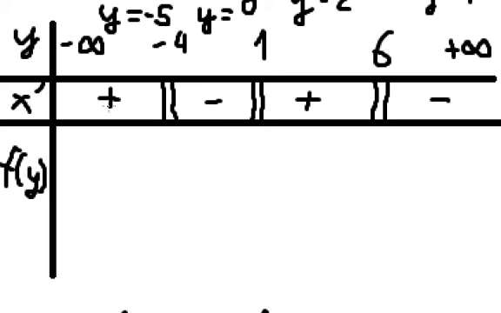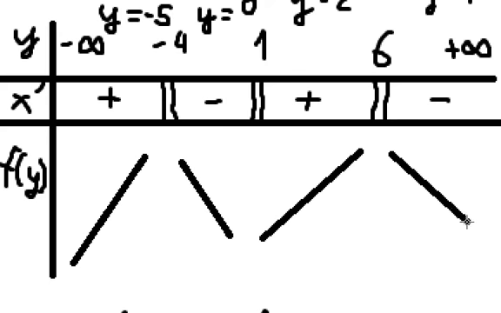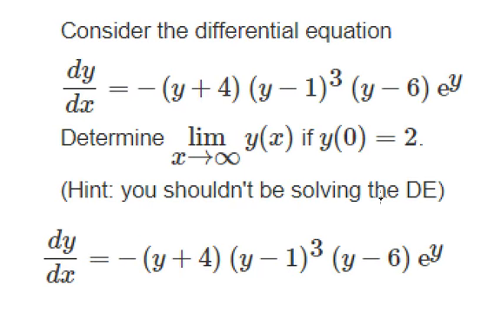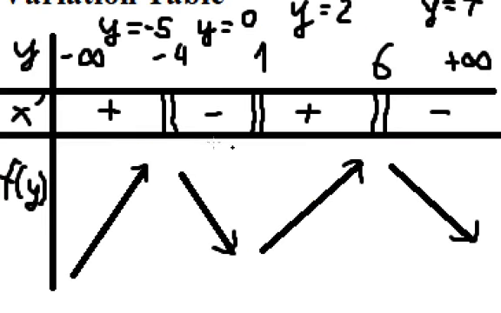So we have positive that will go like this, later they go like this. Now we know that when s equals 0, y equals 2.